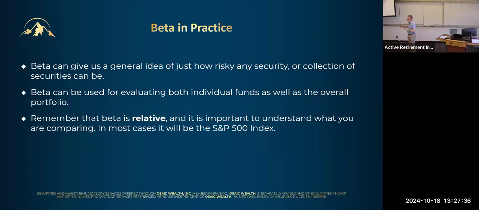For a diversified fund or portfolio, beta is very useful because we're comparing two diversified assets. But when you get down to individual things, and there's tons of research that explains this that I can't recall right now, beta is not super useful for an asset that's not diversified. So if you've only got a couple stocks or one stock, beta is not going to be very useful for you because it just is not going to be measuring the same type of data.